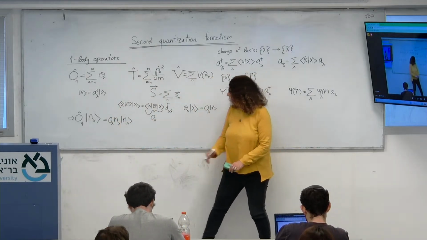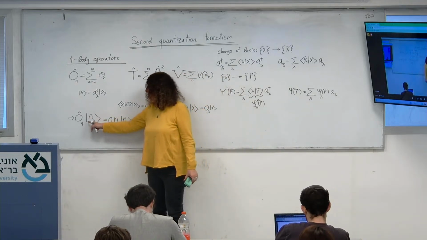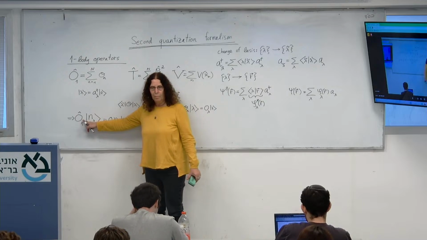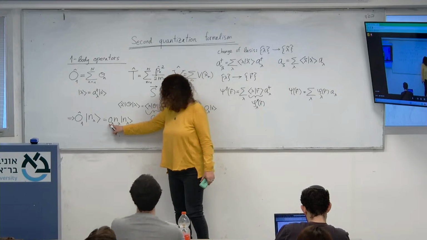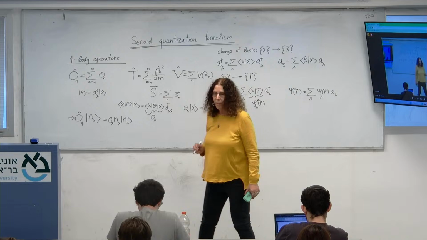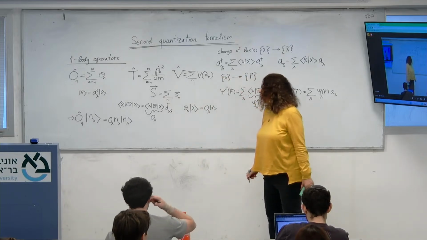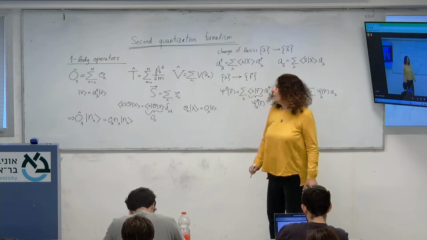The eigenvalue, once again, n lambda is also an eigenstate of O1 with eigenvalue given by O lambda times the number of particles occupied in this state. Okay? Great, so now we can go to the next stage.